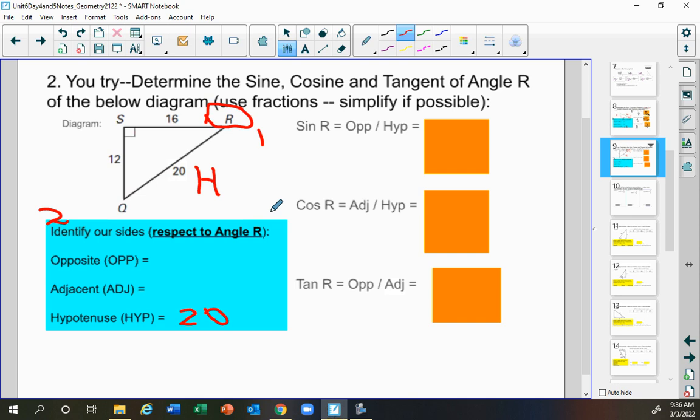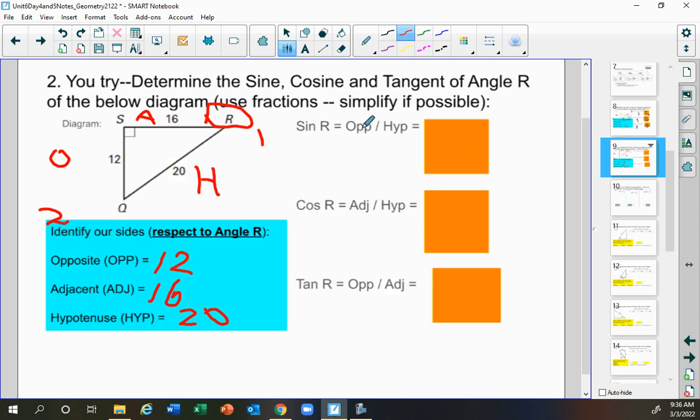Now I want somebody to tell me what's the opposite, what's the adjacent. Opposite would be 12. Yup, because. Then the adjacent would be 16. Yup. Adjacent 16.